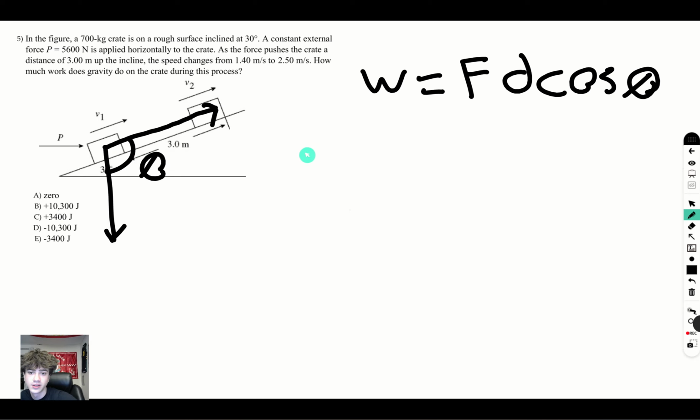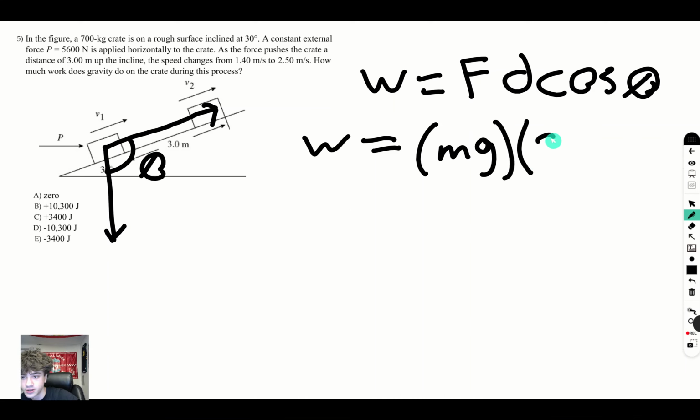Now, we know that our force is simply the gravitational force. Gravitational force is mg. We know that our distance is the displacement, which is given here as 3 meters. And as we've discovered here, our cosine theta is the theta here. So let me erase this really quickly.